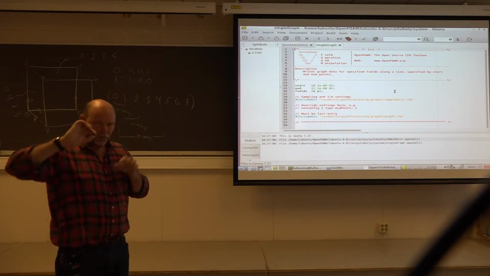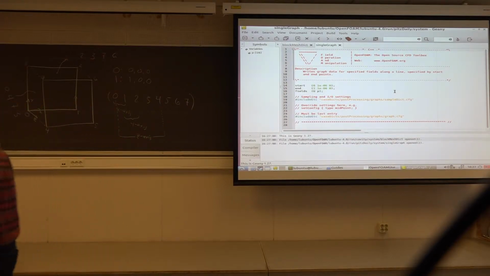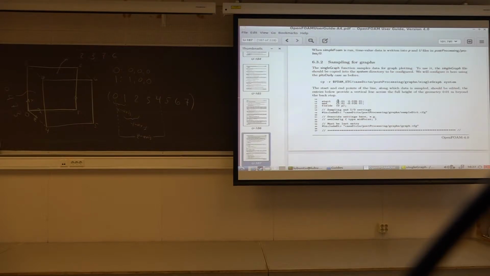You specify the start and end position of a line, and then you want velocity and pressure along this line. So the starting point here, it's definitely not the original values, so we have to change it. This is what it should look like.